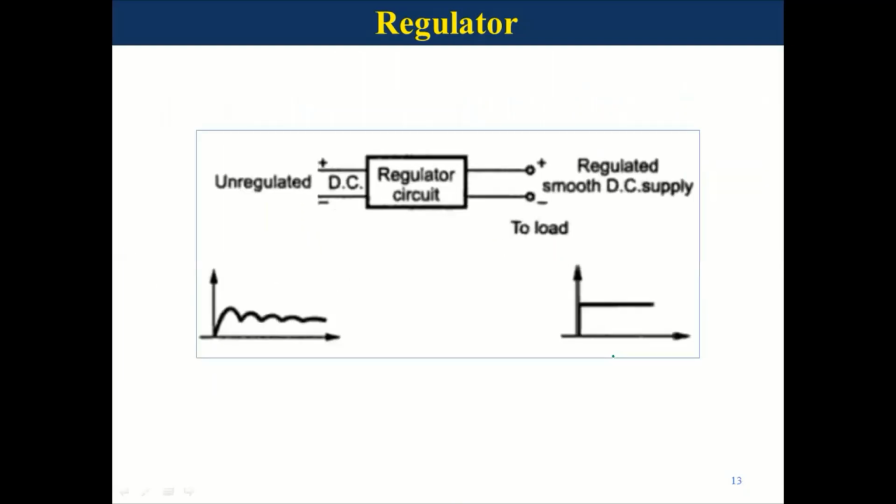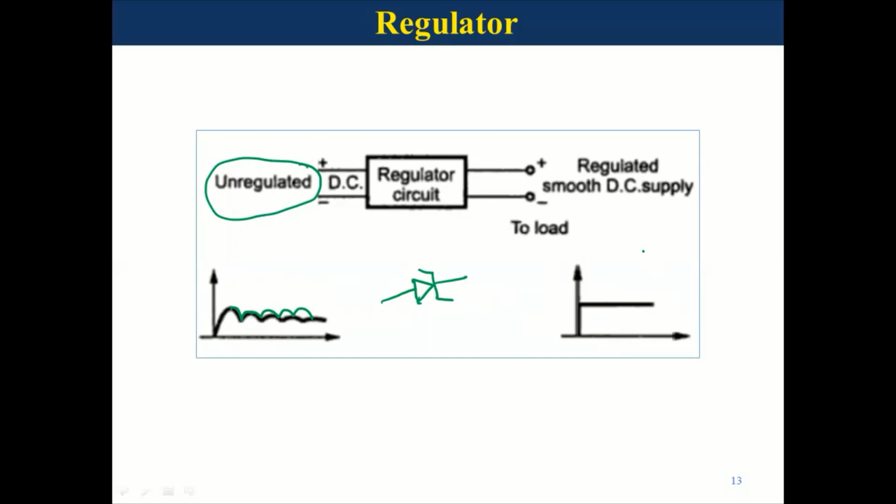And this diagram represents the input and output waveforms of the regulator. The output of the filter is given to the input of the regulator, that is unregulated DC. There are very small variations in the unregulated DC, and here we are using a Zener diode. That Zener diode can produce a constant output voltage irrespective of these small variations.